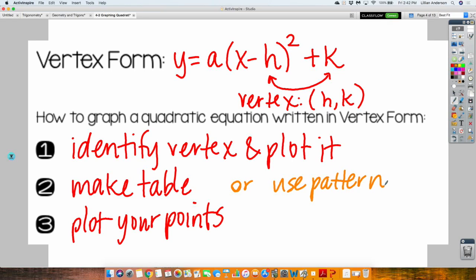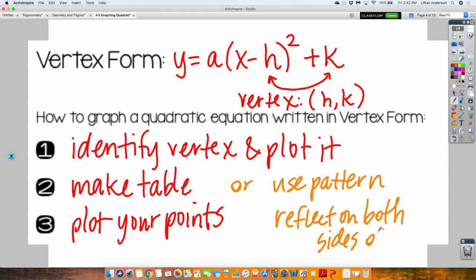And then make sure that you reflect it on the other side of the axis of symmetry. Okay? So nothing really has changed, just now it's a different form. We identify what the vertex is, and then we either make a table, plot our points, or use the pattern, making sure we get them on both sides. Okay? Let's look at these examples.